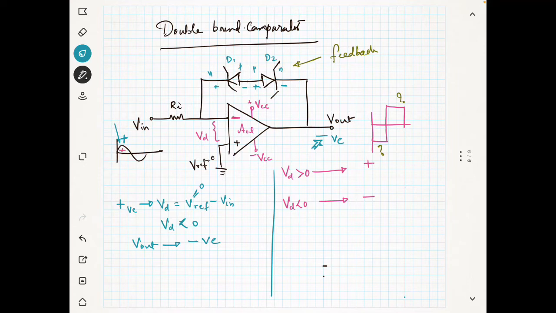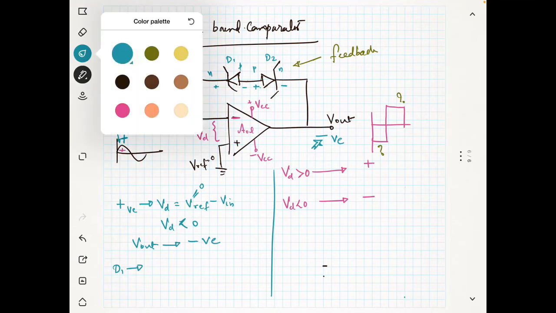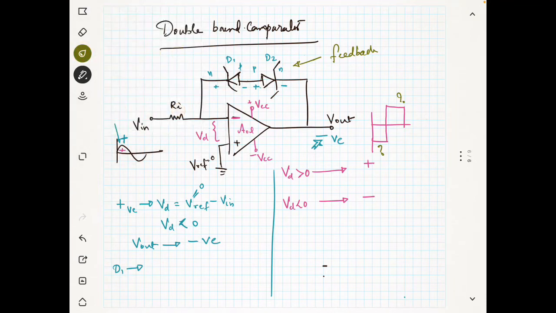Now you see that the diode D1 is in which bias? You are applying a negative voltage to the anode, so diode D1 is reverse biased. And for diode D2, this is negative and this is positive, right?